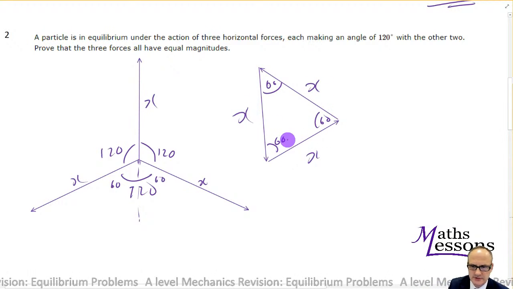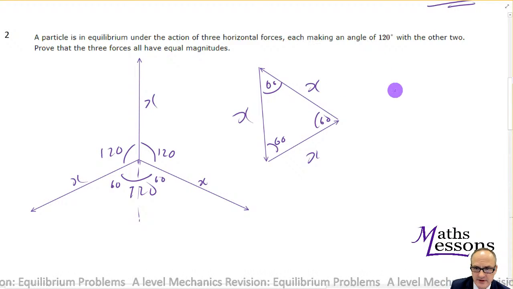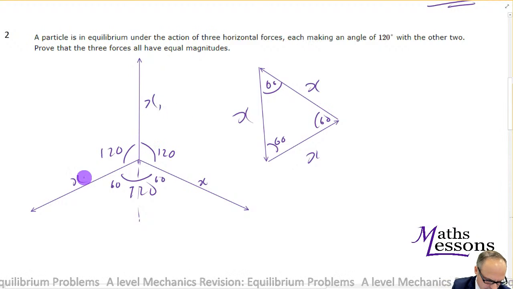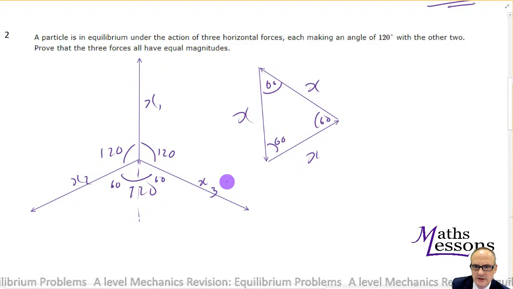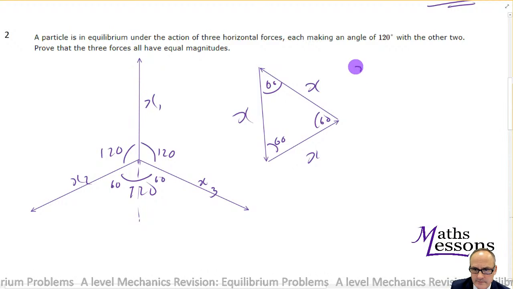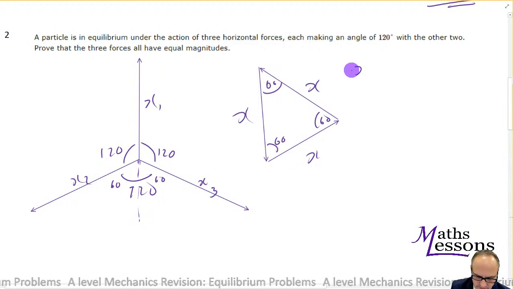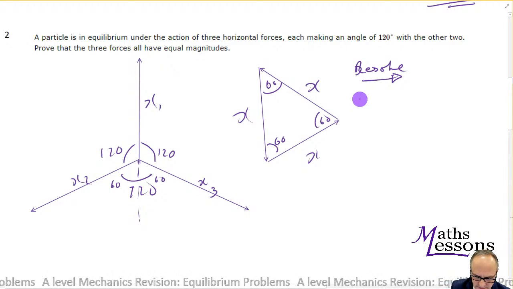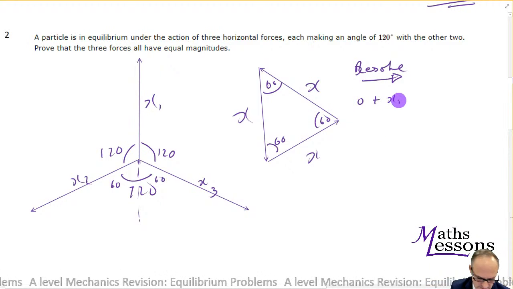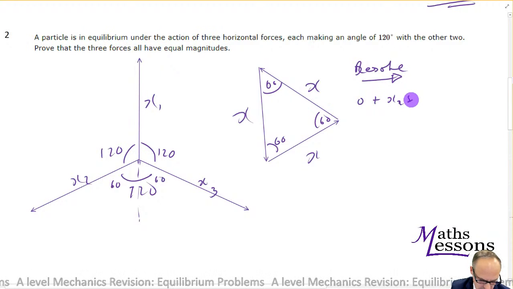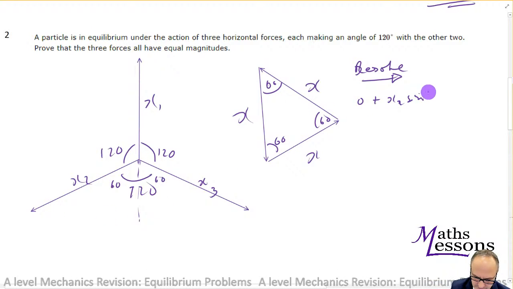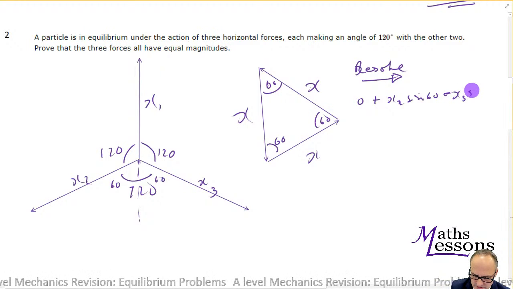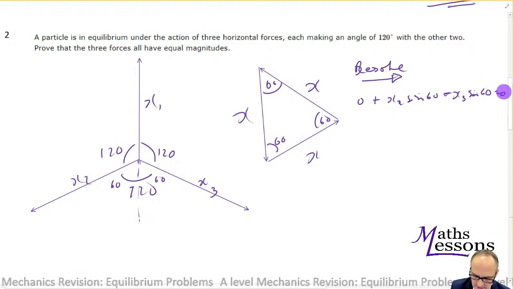But another way we could do this is we can show that you can resolve vertically, and you can see, if we call these x1, x2, x3, we can show that if we resolve horizontally, naught is going to be equal to x2 sine of 60 plus minus x3 sine of 60, and they will equal 0.